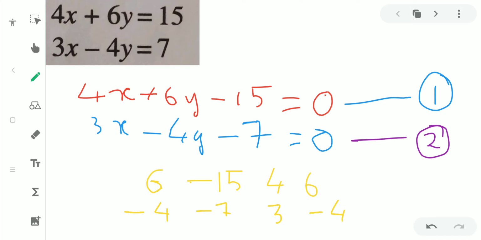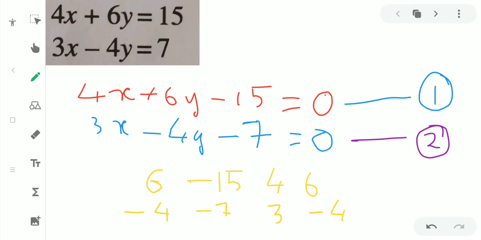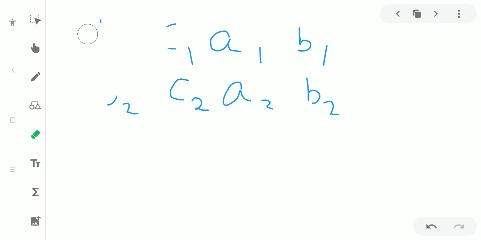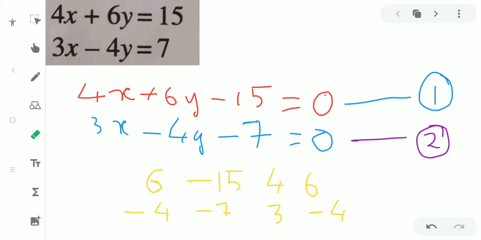Okay, now as I have said in the previous video, I am rubbing this formula. We should do in this way, that is downward arrow minus upward arrow as the denominator of the variable.